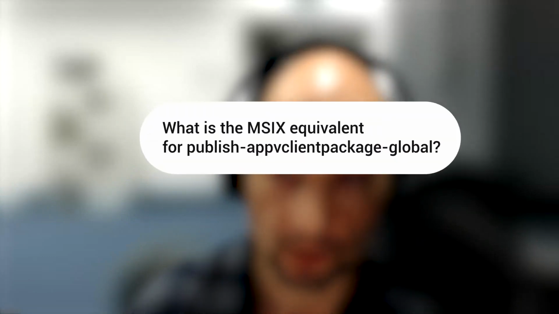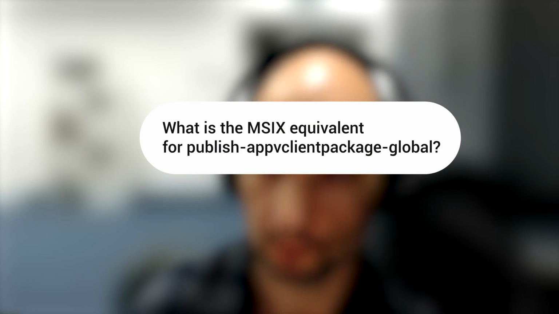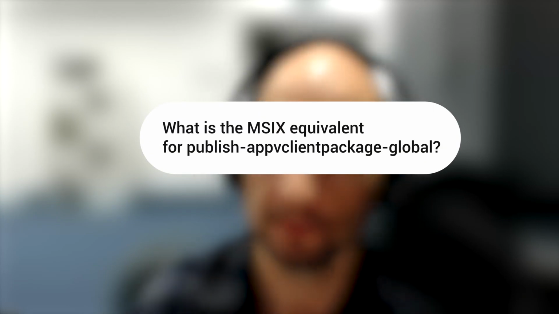Until you get the chance to read the AppVentiX related questions, I can cover a few of them. One of them, which I accidentally marked as answered, came from an anonymous attendee and says, what is the equivalent command for publish AppV client package global? This is a question we've seen many times.